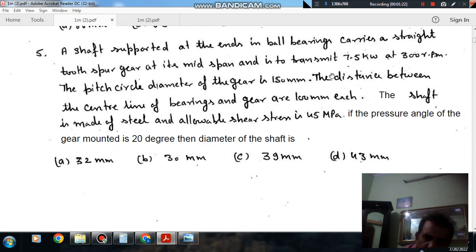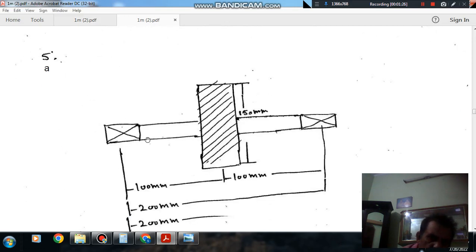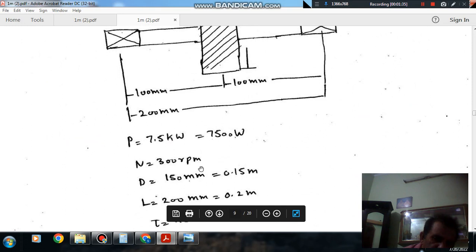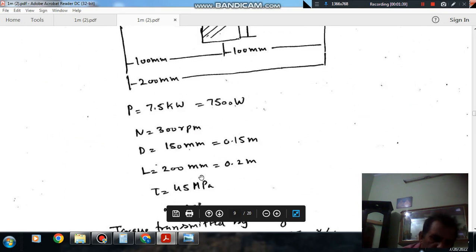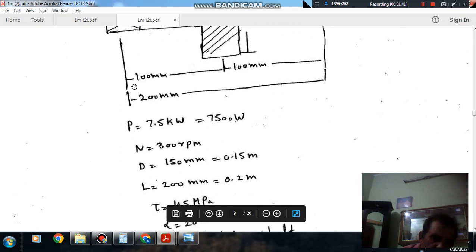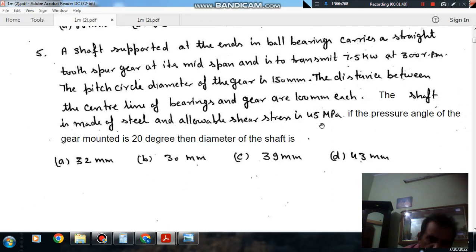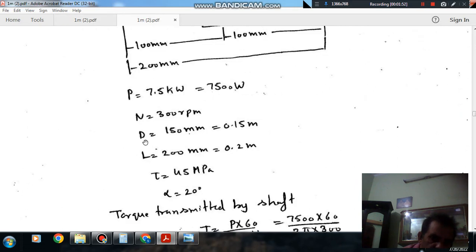Here the power transmitted is 7500 watt or 7.5 kilowatt at 300 rpm. The diameter is 150 mm or 0.15 meters, and length between bearings is 200 mm or 0.2 meters. Allowable shear stress in the shaft is 45 MPa and pressure angle is 20 degrees.